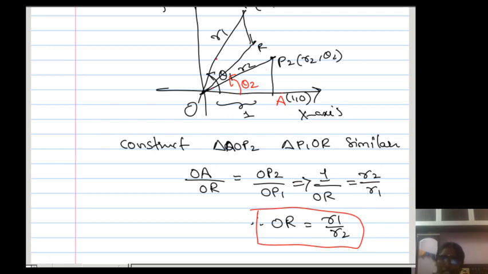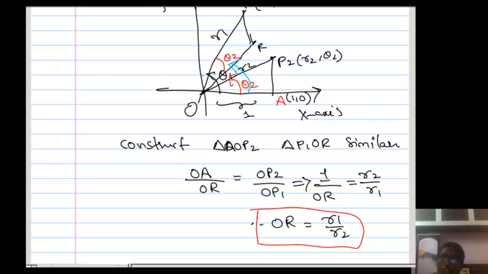So I can say that this angle is theta 2. Both are the same. Now, the angle I need is the one made by OR with the x-axis, this angle with green color.